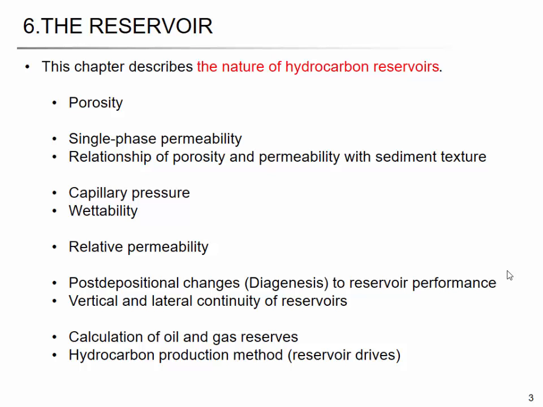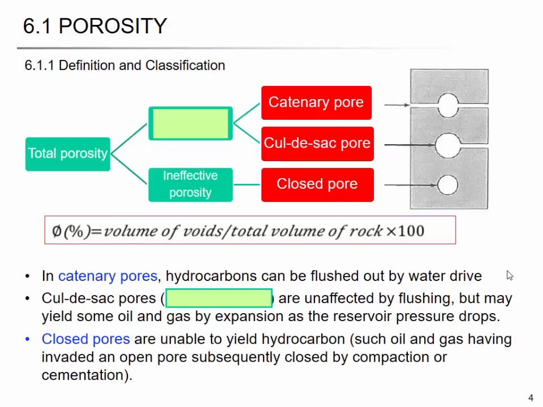And then we'll talk about the capillary pressure and the wettability, which is about the rock and oil interface and the oil and water interface, and the relative permeability and the continuity of the reservoir, and the hydrocarbon production method. So this chapter will be very interesting, I hope. So let's talk about the porosity first.